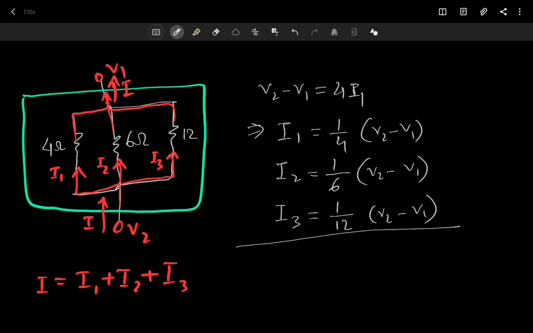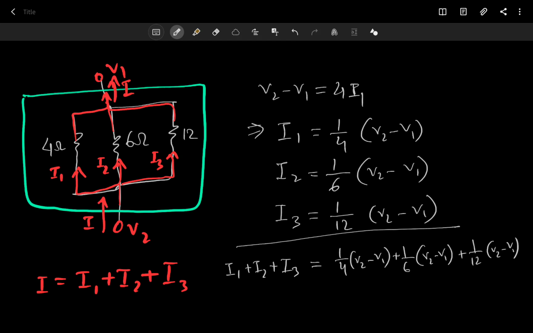And if you add them up, you will have I1 plus I2 plus I3 on the left side. On the right side you will have 1 by 4 (V2 minus V1) plus 1 by 6 (V2 minus V1) plus 1 by 12 (V2 minus V1).